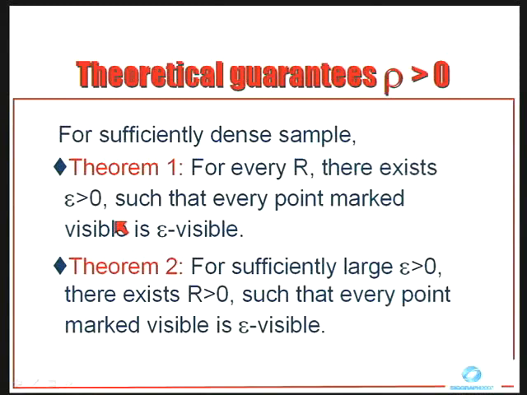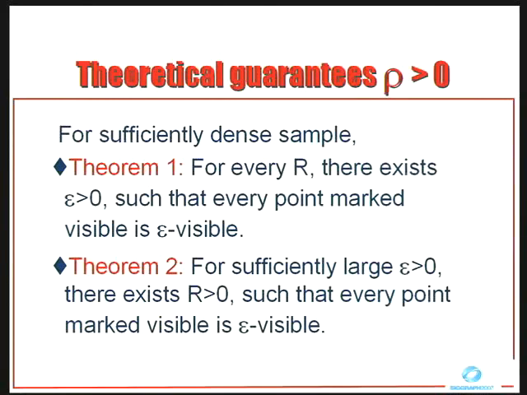For epsilon, there exists R such that every point marked visible is epsilon visible. But these theorems are interesting not only in the way they are put here, but also it's interesting to follow the proof, because the proof itself shows that there is an interplay between three different parameters: epsilon and R, as we see here, but also rho, the density of our sampling.